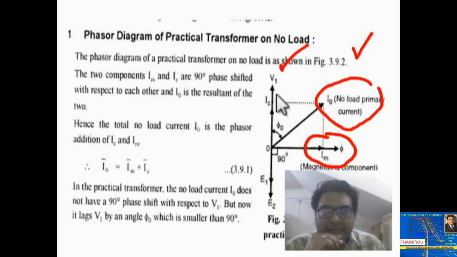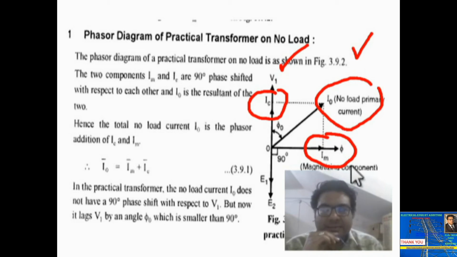So guys, this IC is called the core loss component of current. And IM or I phi, it is also represented by I phi, is called the magnetizing current, because this will induce flux in the winding.